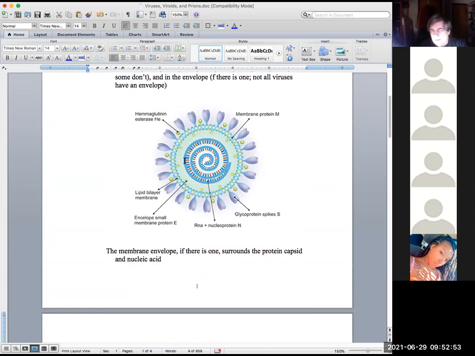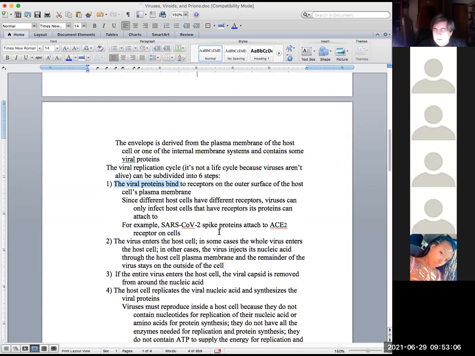If the blue line is the outer part, remember that this blue line is protein. So we're either talking about proteins out here, or we're talking about proteins in here. So the viral proteins bind to receptors on the outer surface of the host cell's plasma membrane.